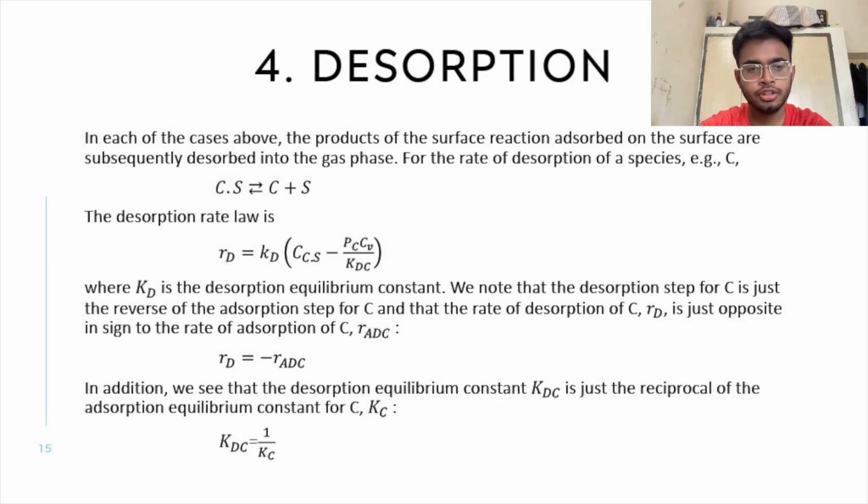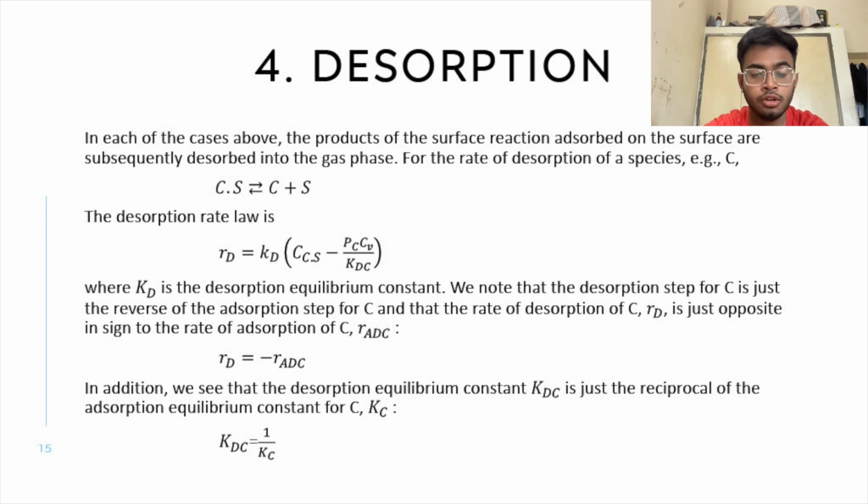So the desorption rate law can be expressed as RD is equal to the rate constant of desorption times the concentration of C minus the partial pressure of C times the concentration of vacant sites divided by Kd, where Kd is the desorption equilibrium constant.